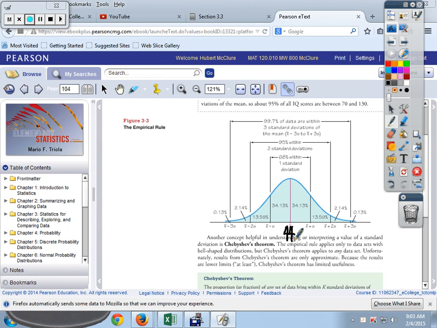What's the standard deviation rounded to the nearest whole number? 12. So that would be, what, 56? And 12 would be 68. Somebody help me on the math, okay? And 68 would be what, 80? And 44 minus 12 is 32, and 32 minus 12 is 20. 20 minus 12 is what, 8?